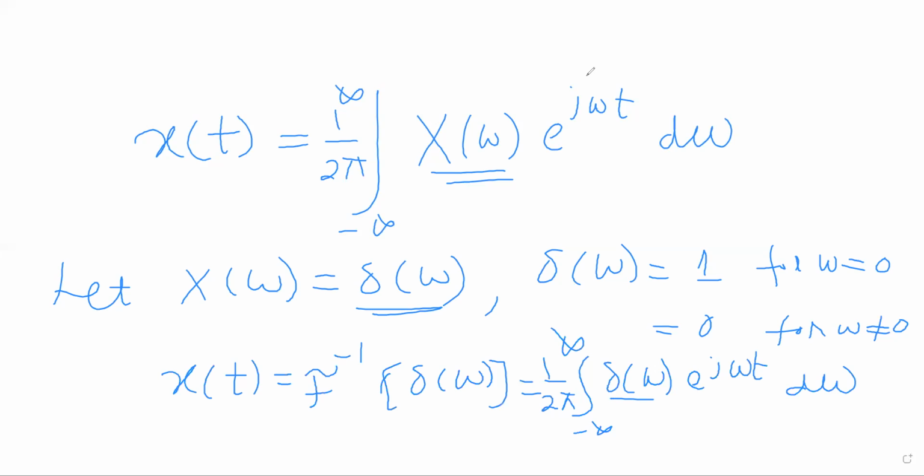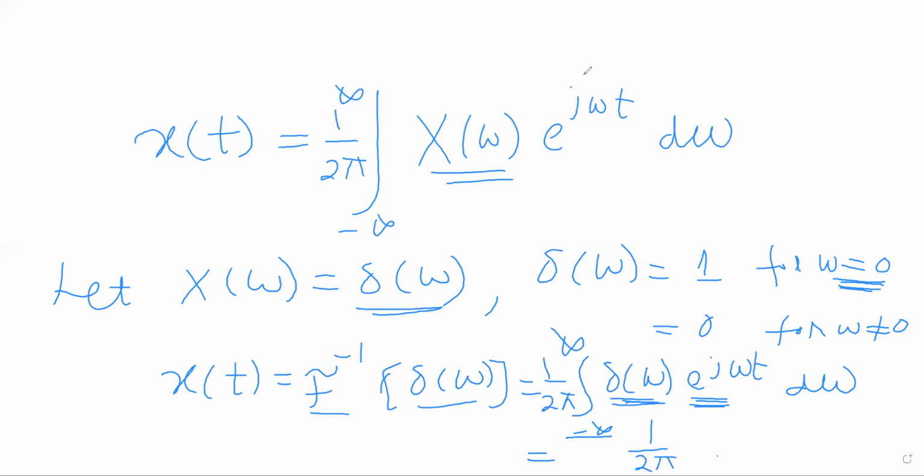Since the delta function is nonzero only at omega equal to 0, if you substitute omega equal to 0 in the exponential, it becomes e to the power 0, which is 1, so the answer is only 1 by 2 pi.